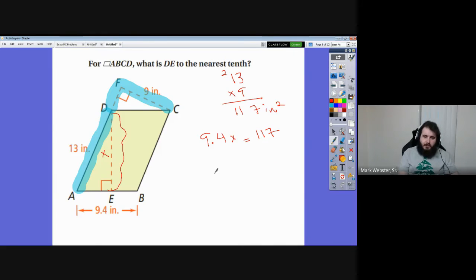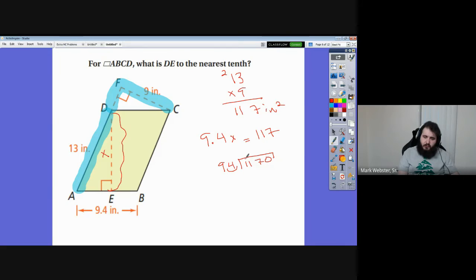Well, let's do that. 9.4 divided by 117. Well, let's change this so I don't have to worry about decimals.